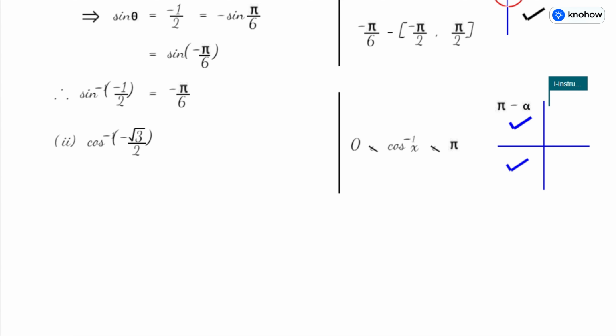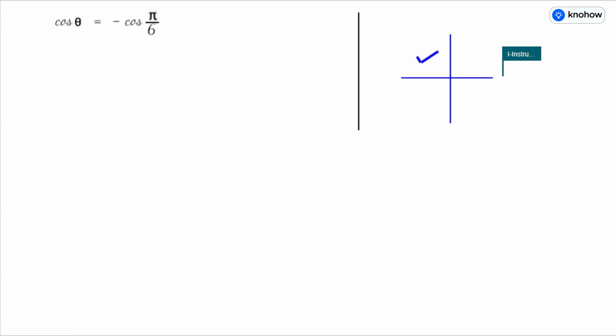So what is the value of cos theta? Negative root 3 by 2. What is that angle whose cos is root 3 by 2? 30 degrees. So cos theta is negative, you maintain it, with 30 degrees or pi by 6. Now in the second quadrant, how do you take it? Pi minus alpha. So minus cos pi by 6 may be written as cos of pi minus pi by 6.